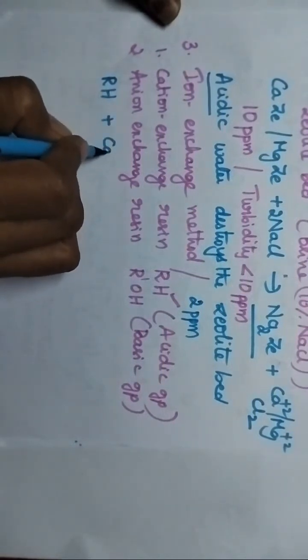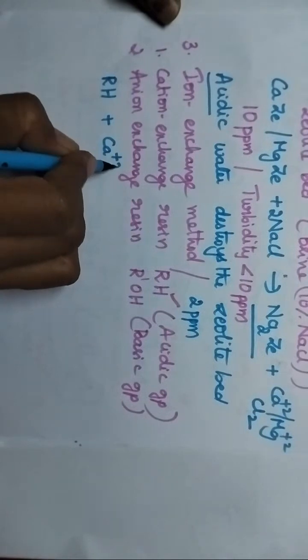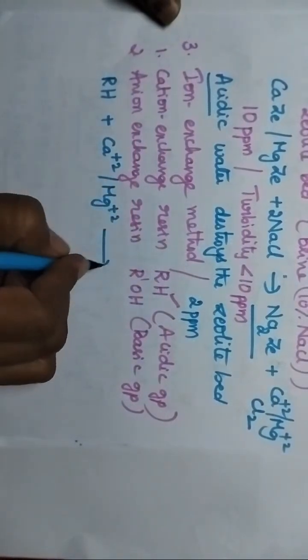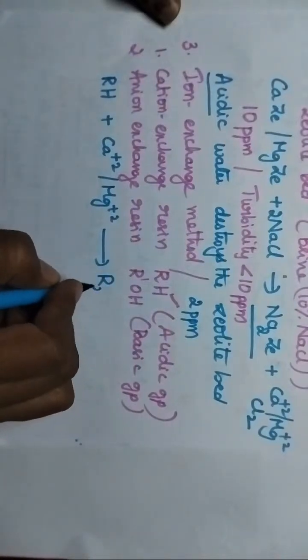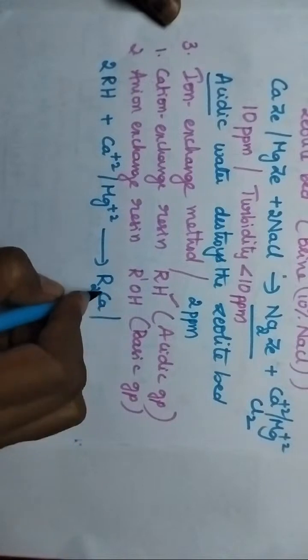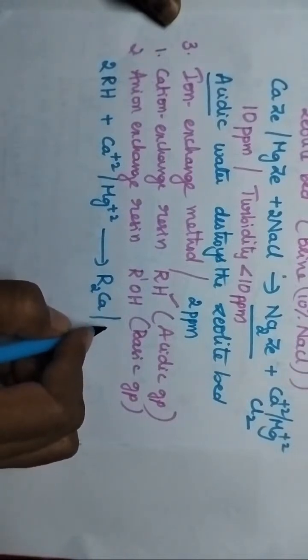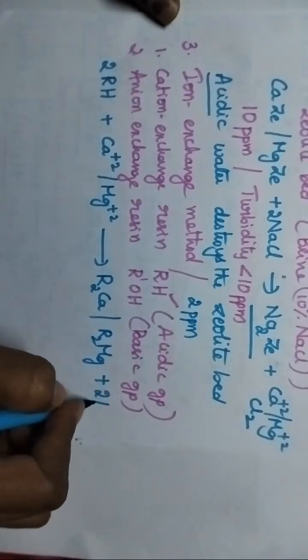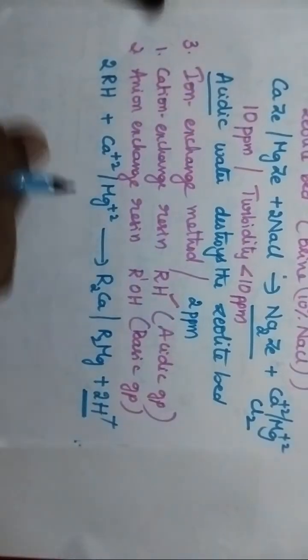When water is passed, it contains either calcium or magnesium cations. Then it results in the formation of calcium salt or magnesium salt along with the formation of H plus ions.